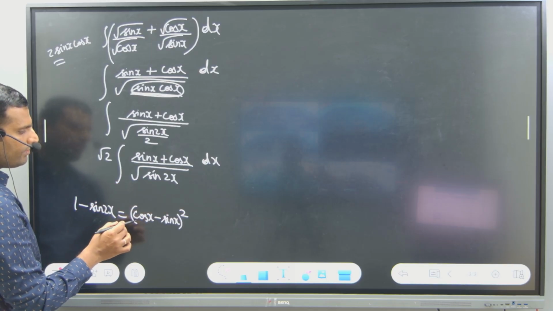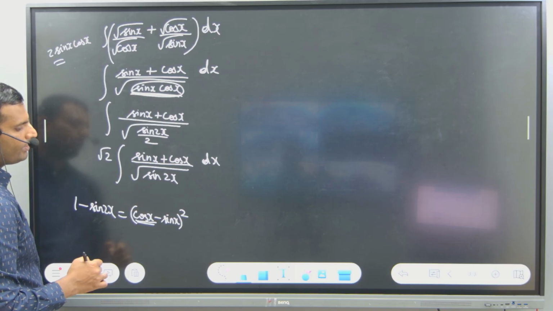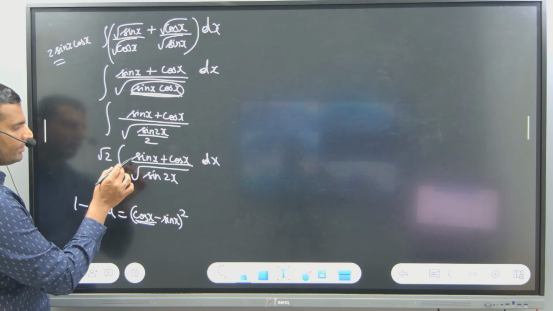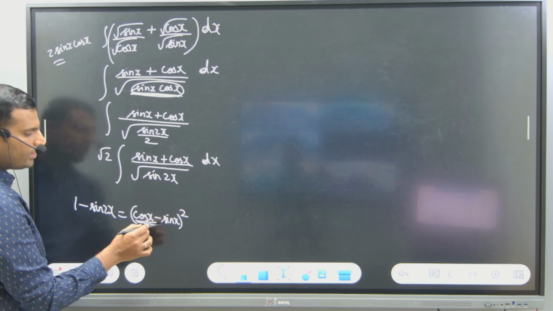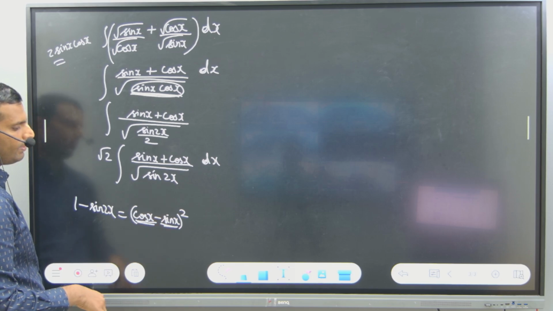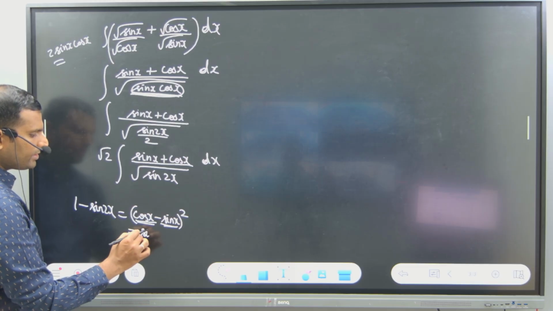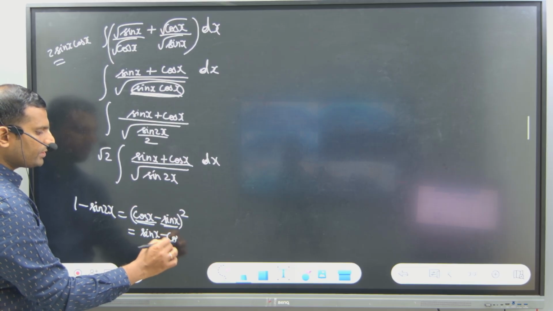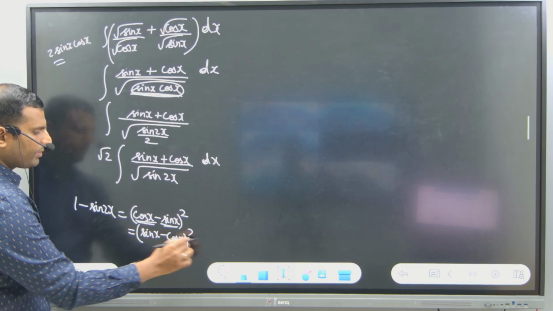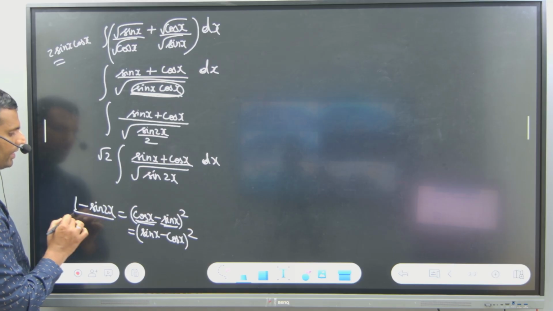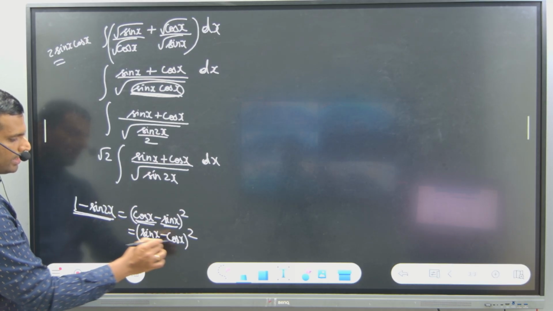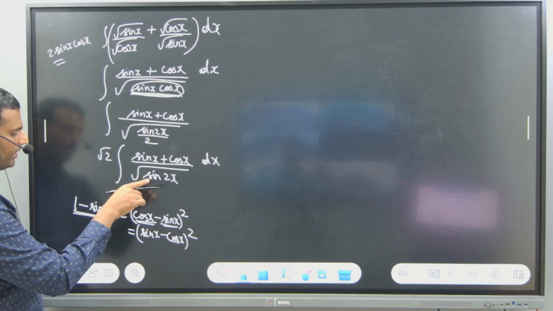Because what is the derivative of cos x? Minus sin x. I have a plus sin x here. What is the derivative of sin x? Cos x. Or can I write this as sin x minus cos x whole square also? Yes or no? Yes, sir.